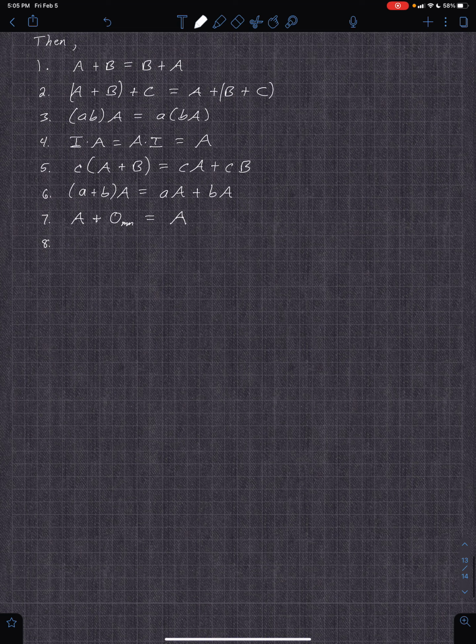8 is the existence of additive inverses. Because each entry is a real number, there is an opposite number for reals. So if all of those entries are opposites and you add them up, you're going to get the zero matrix. So that's additive inverse for matrices.